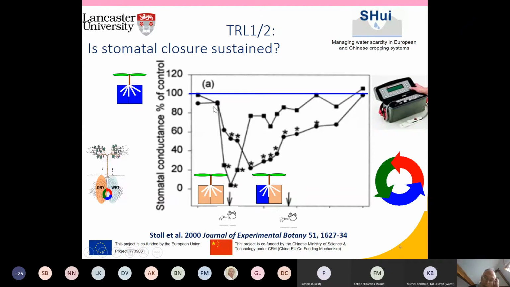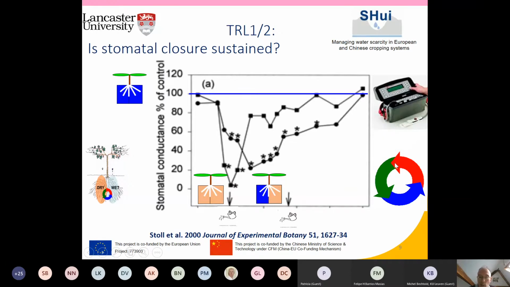This is quite an interesting response, so that we can see that the stomata close, yet with continued soil drying, the stomata start to reopen again. And this is, I think, a key observation that resulted in a change in practice. The thinking was that if the researchers wanted to maintain this stomatal closure over a prolonged period of time, it was necessary to swap or alternate the dry and the wet parts of the root system.